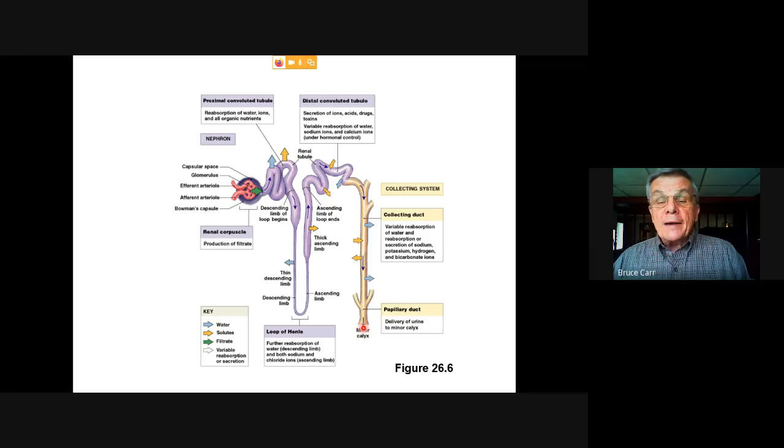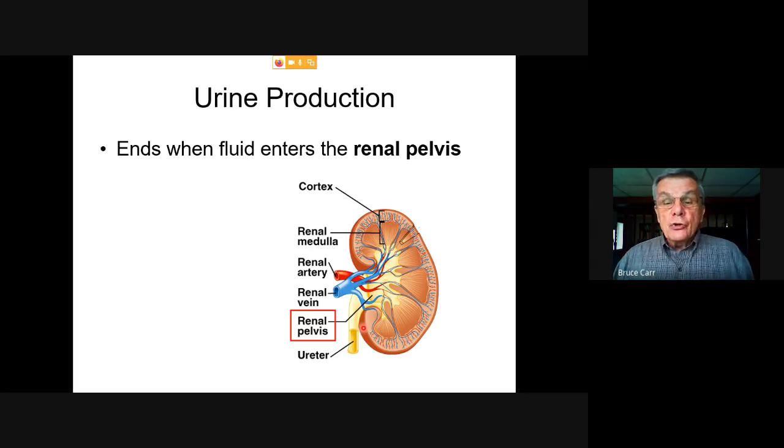Down here at the bottom of the collecting duct, that's where you have the papilla of the medulla, and we're delivering that water into the tube network that we call calyces, the calyx, leading to the renal pelvis. Urine production is over when you collect the urine here in the renal pelvis.